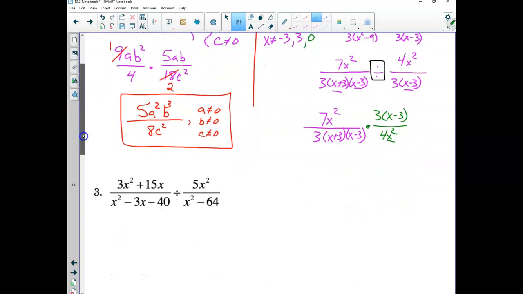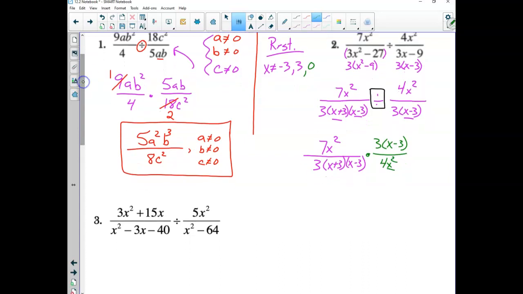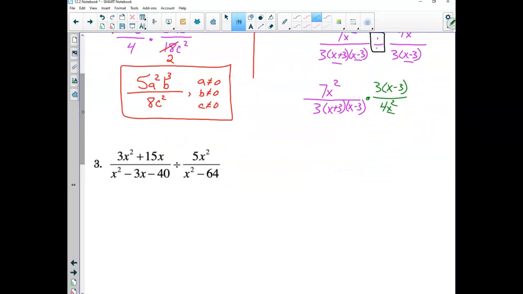Now that I've completely factored and listed my restrictions, it's important to know you're restricting everything of the fraction that's getting flipped, both top and bottom. If the fraction is not flipping, you just restrict the values in the denominator. I like to list my restrictions first, and then I like to come back and say, okay, now I'm going to simplify before I multiply, and I see you go away, I see you go away, I see that 3 goes away, 7 and 4 won't reduce.